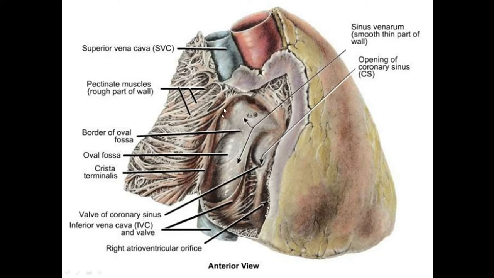Now we are inside the right atrium. We talked about the smooth posterior part, the rough anterior part, and in the interatrial septum is the fossa ovalis, the oval fossa.